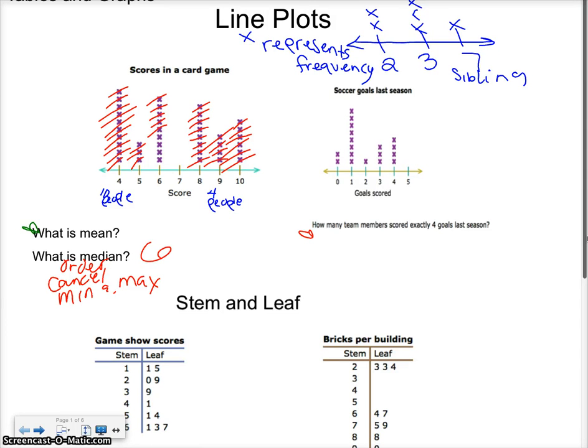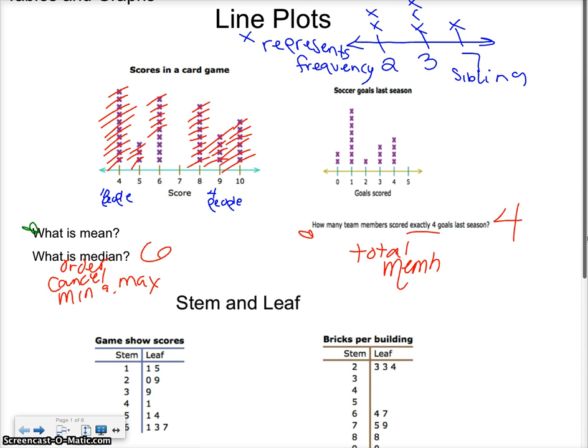Looking at the line plot, how many team members scored exactly 4 goals? So what do you got? 4. Yeah, 4. You go to the goal scored, 4, and count how many X's: 1, 2, 3, 4. 4 team members scored 4 goals. How many total team members? Write that down.